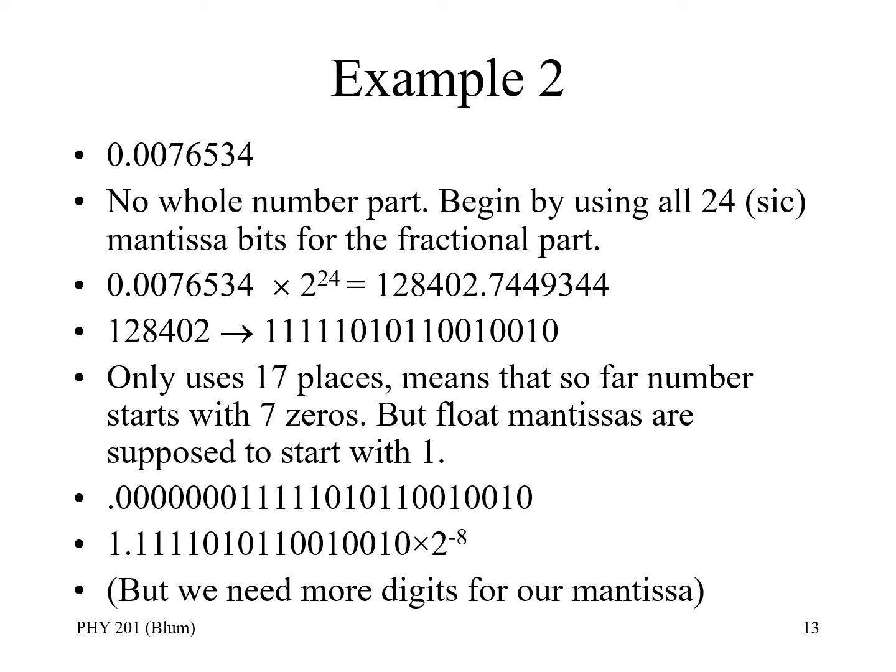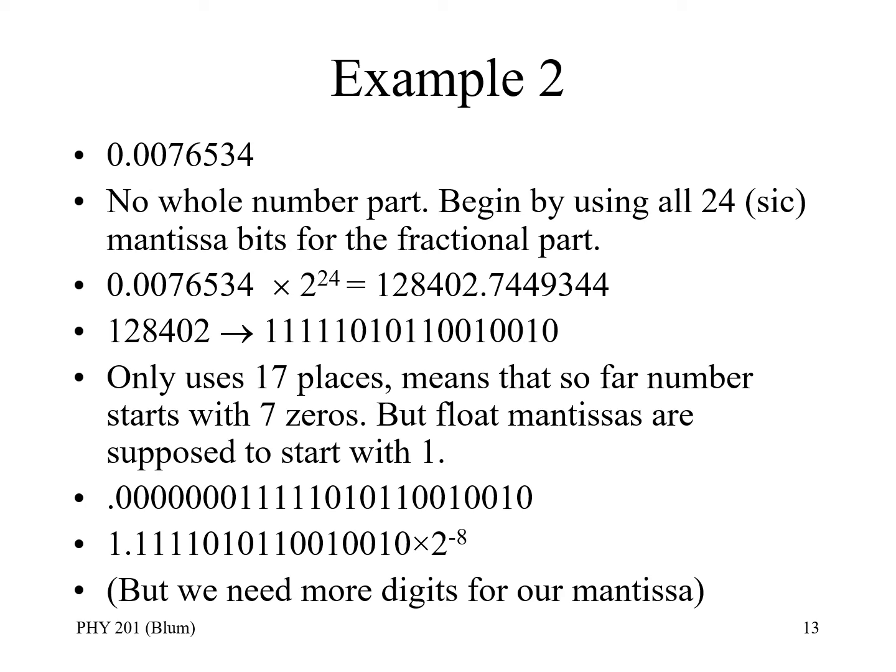Now we have 0.0000000, and then we have our number starting 11111, etc. Okay, and then we play our scientific notation game where we want it to start with the dot after the first 1. And so we see that we must move the dot, in this case, 8 times.